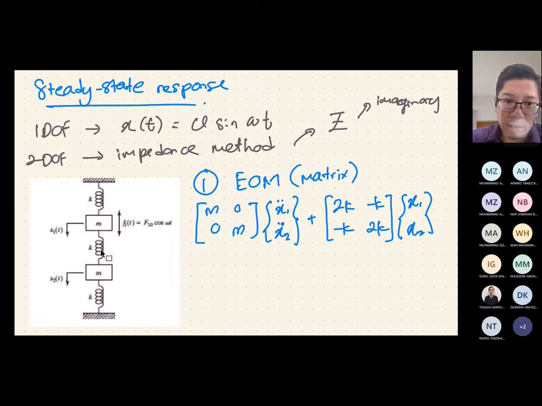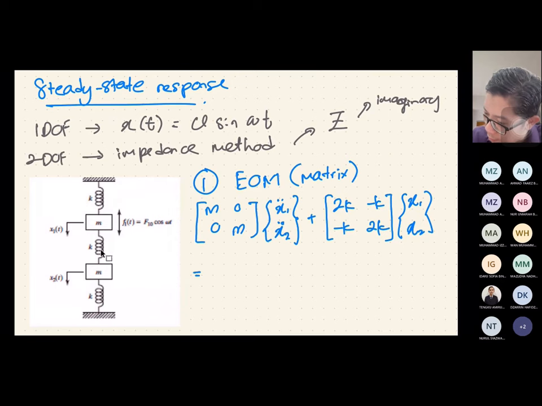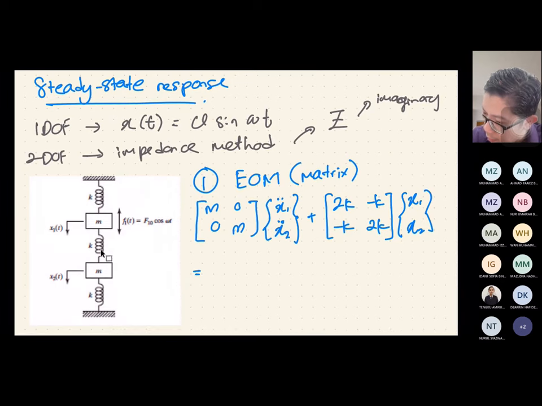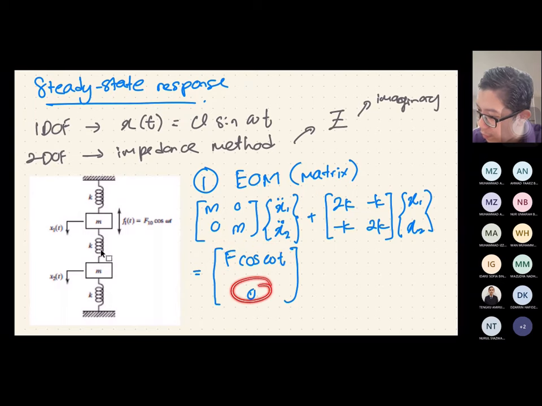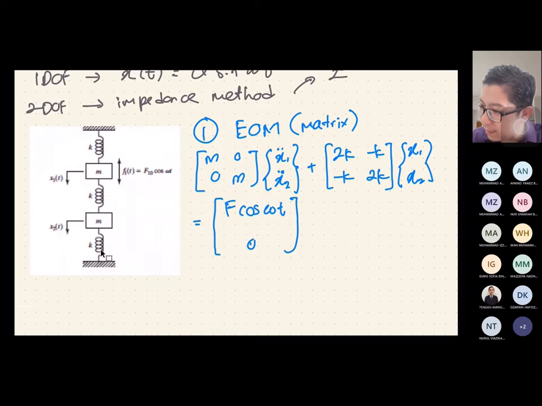Okay, so this will equal the input. The input was F, over here F1 cosine omega t, and 0. So the input is in x1. There's no input in x2. Okay, so that's for the equation of motion.